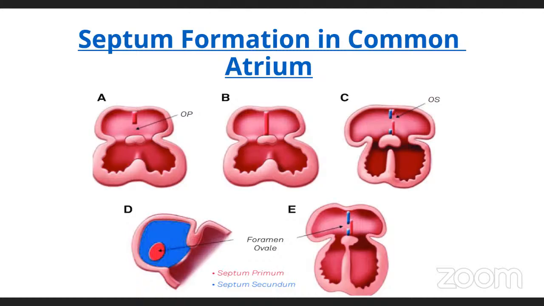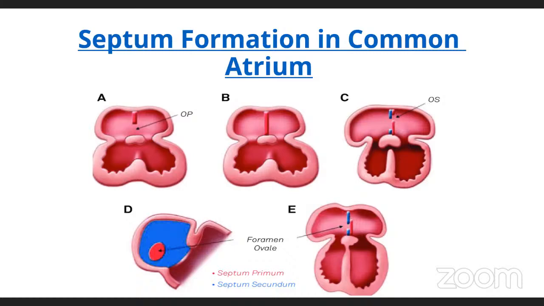But it doesn't actually reach it, and a little hole is formed at the bottom of this septum. It's called the septum primum, and this hole is named the ostium primum.